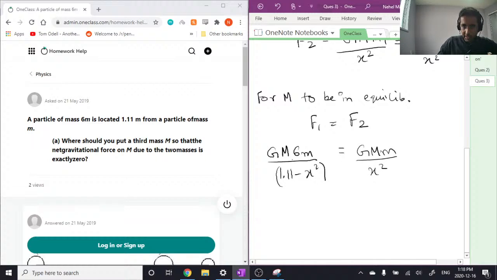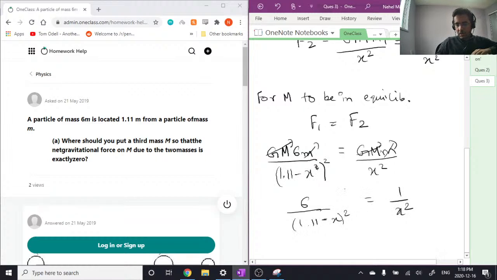If you look at the two sides, a lot of the terms are common, so they will cancel out. The G cancels with the G here, and the mass cancels with the mass here. Therefore, we'll be left with 6 over (1.11 minus x) whole squared is equal to 1 over x squared.